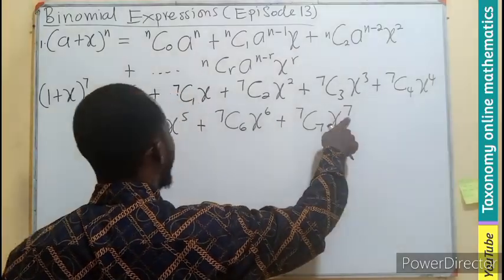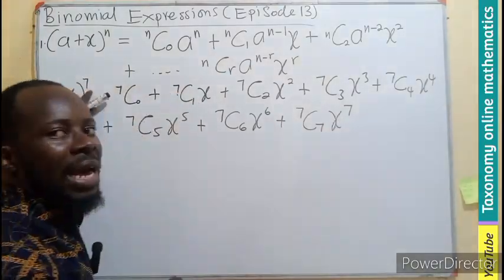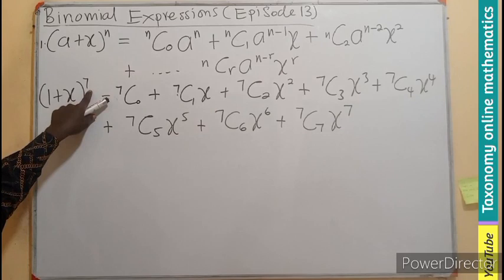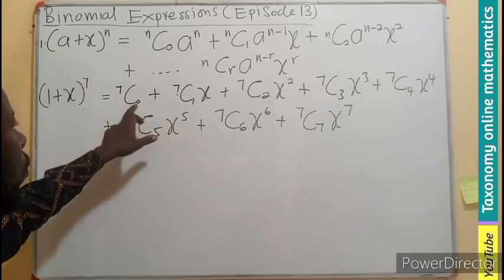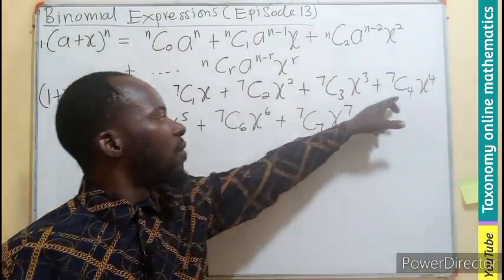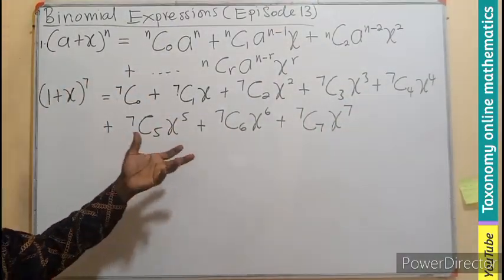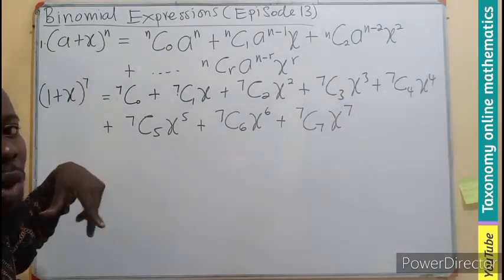When you get the last power equal to the n given in the question, then you stop and count to see whether it is n plus 1. 1, 2, 3, 4, 5, 6, 7, 8. There are 8 terms, which is 7 plus 1.